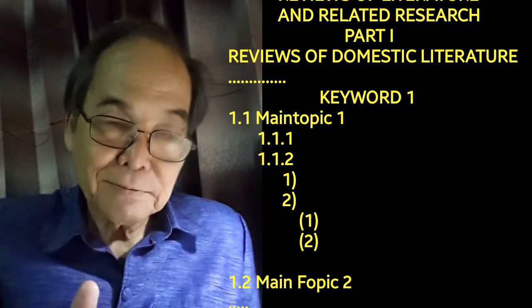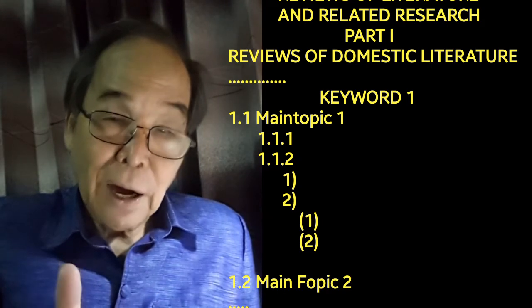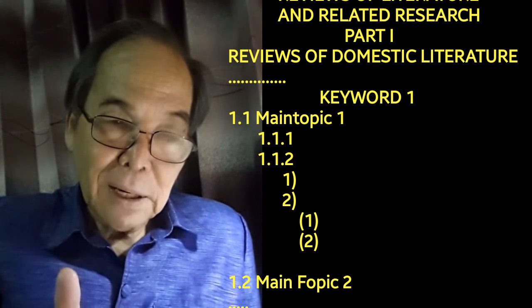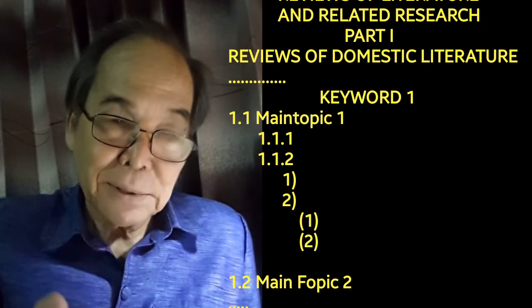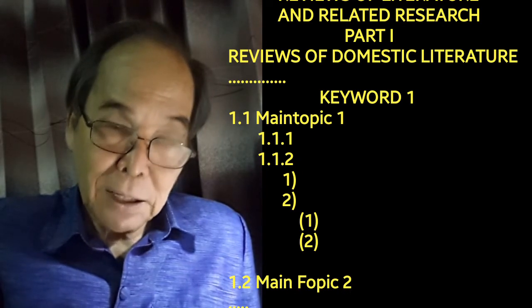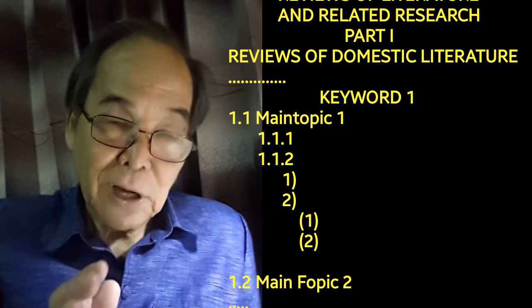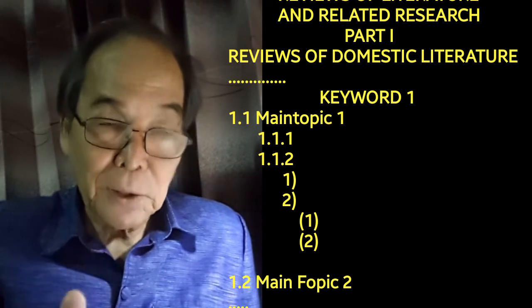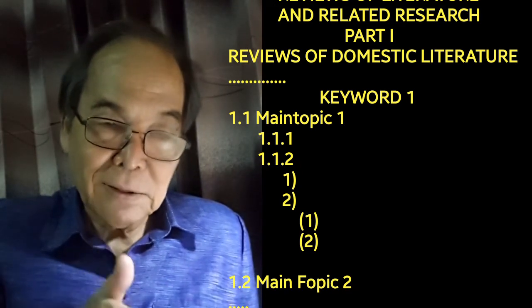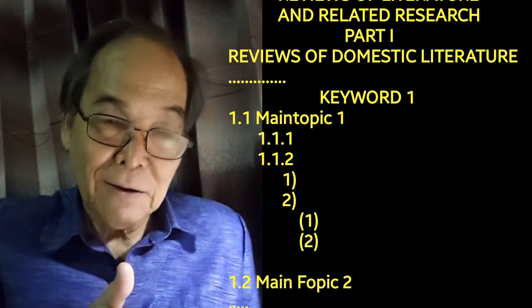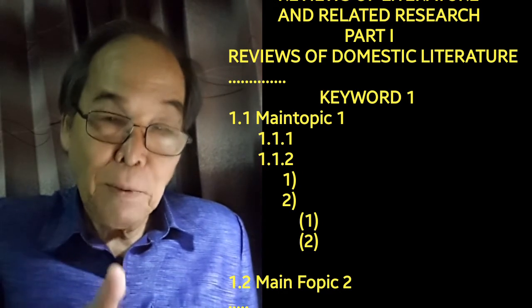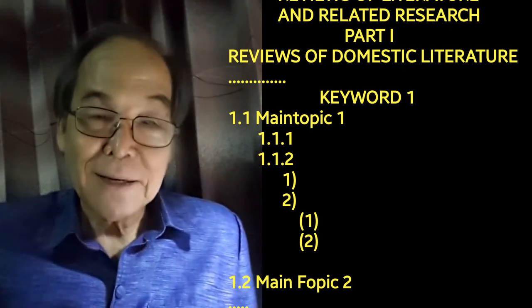Usually we allow the numbering system in terms of number and dot. For example, in chapter 2, the first subtopic or subchapter will be 2.1.